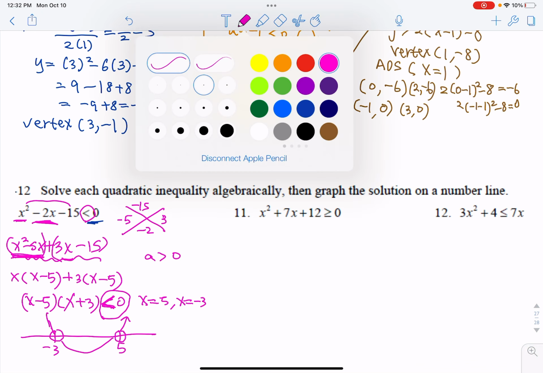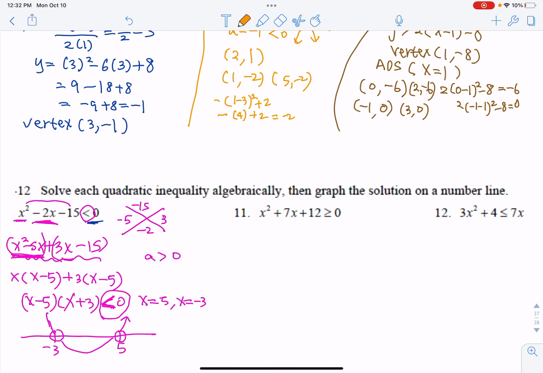So you can say the parts where it is less than 0 will be these parts, where the graph is below. So we can say the inequality solution is x is greater than negative 3 and less than 5. Or as interval notation, negative 3 and 5. That's what I do.